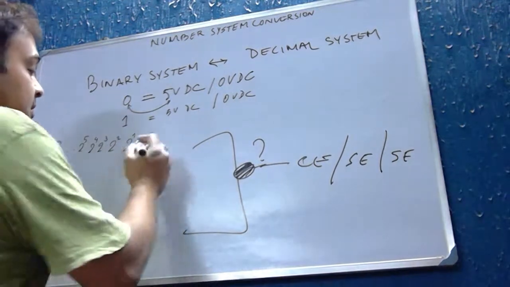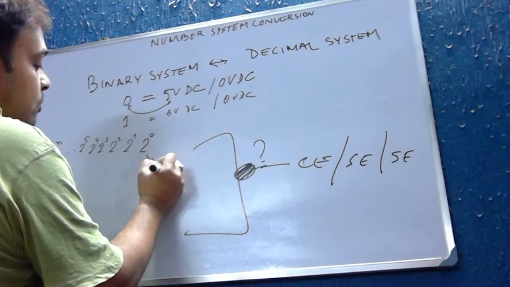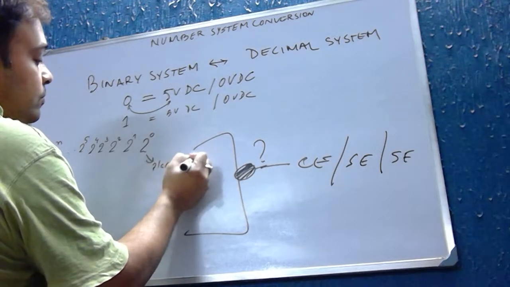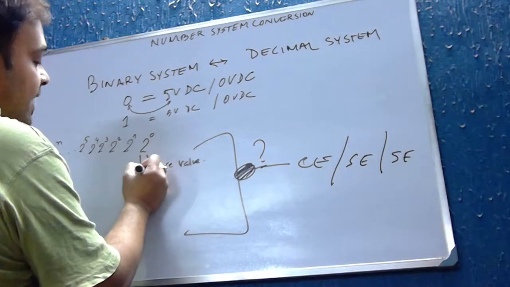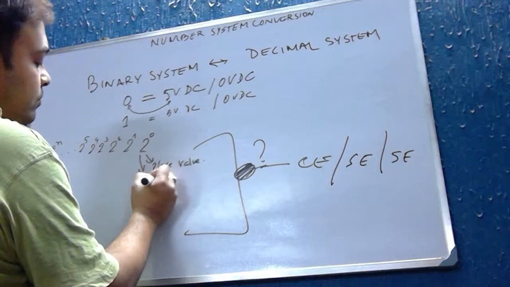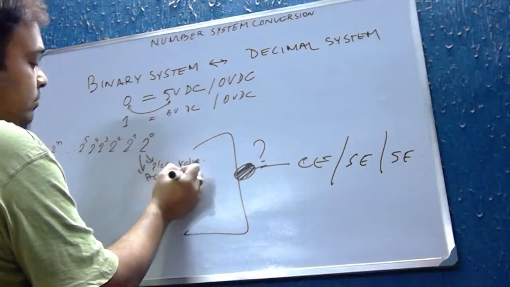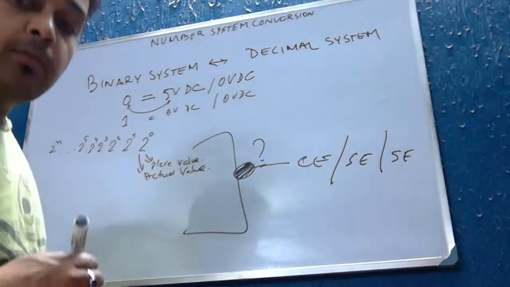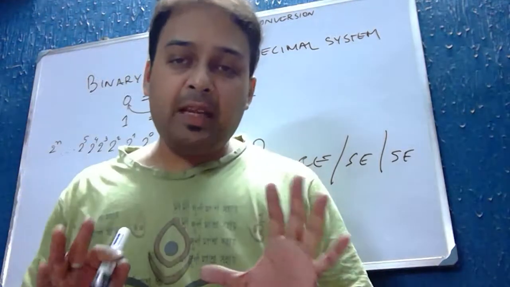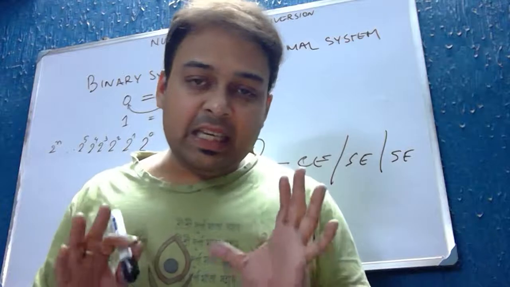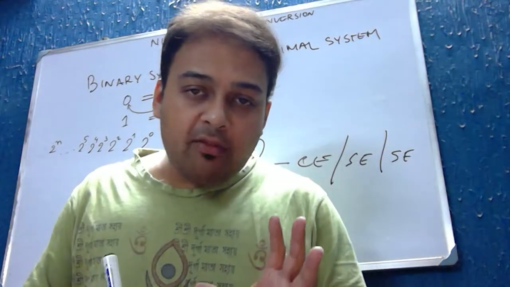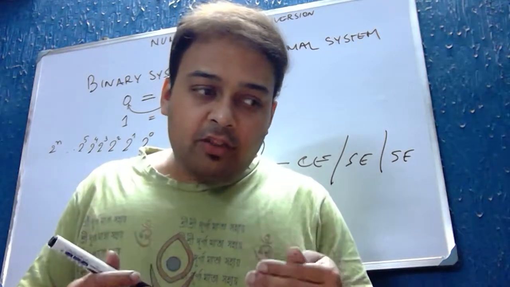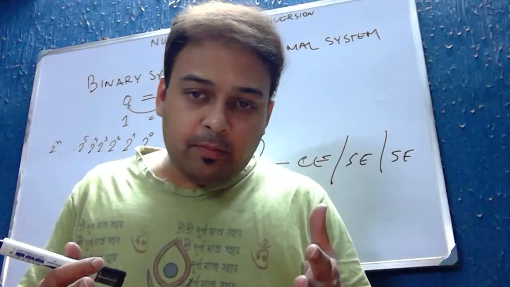One is the place value and the actual value. The place value will basically give you the value of the unit.